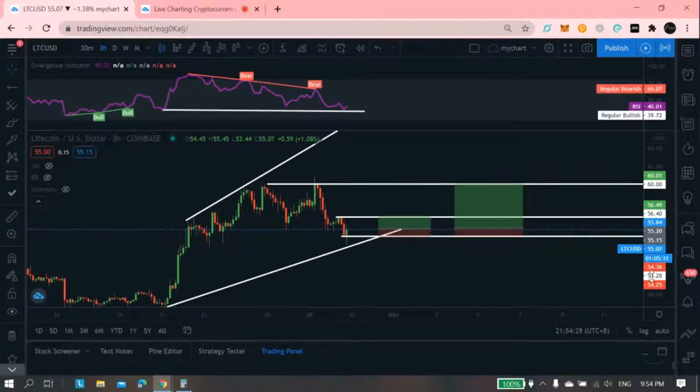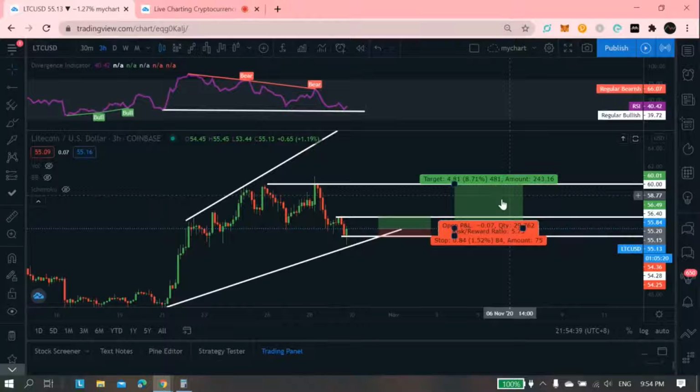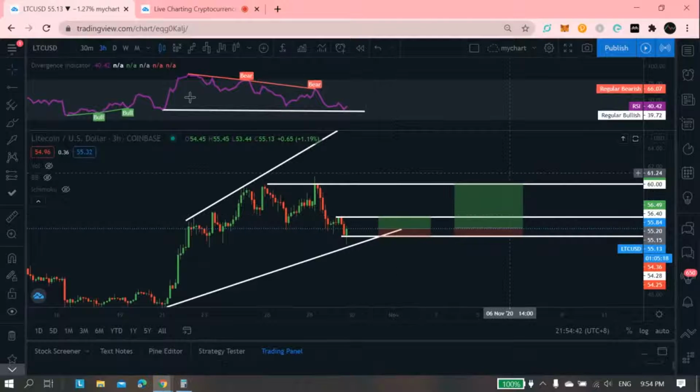Normally for Bitcoin 100 times, for Ethereum and LTC it's 50 times. So yeah, I think that's it for using the 3-hour time frame.